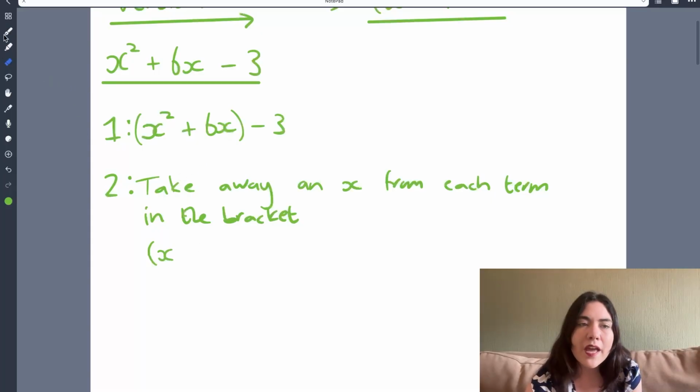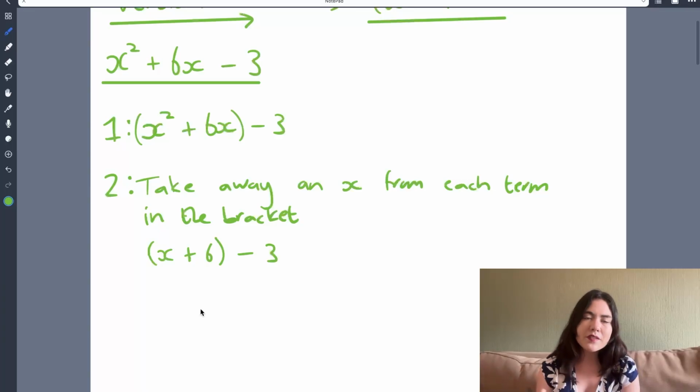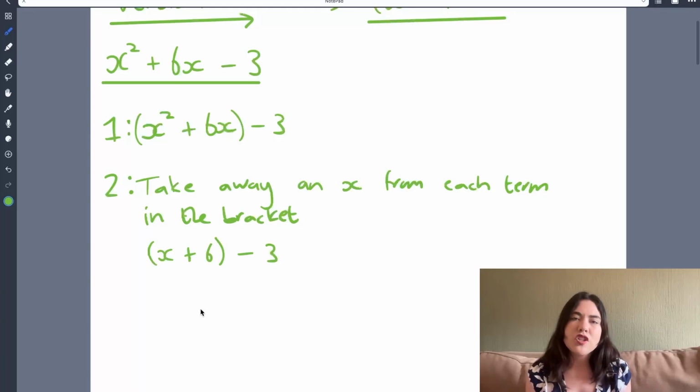We're going to take an x away from 6x, so it will just be left with the number 6. And then we're going to minus 3. Again, this step doesn't make any sense because where did those x's go? But when you do everything together, it does kind of consolidate itself.